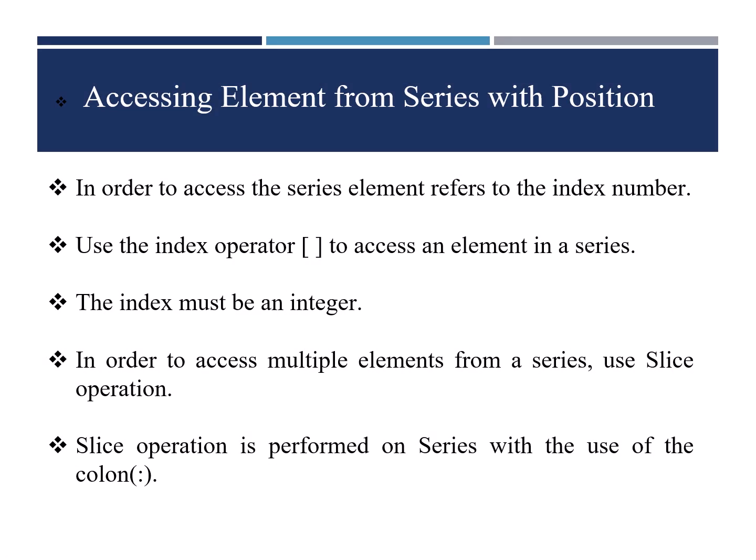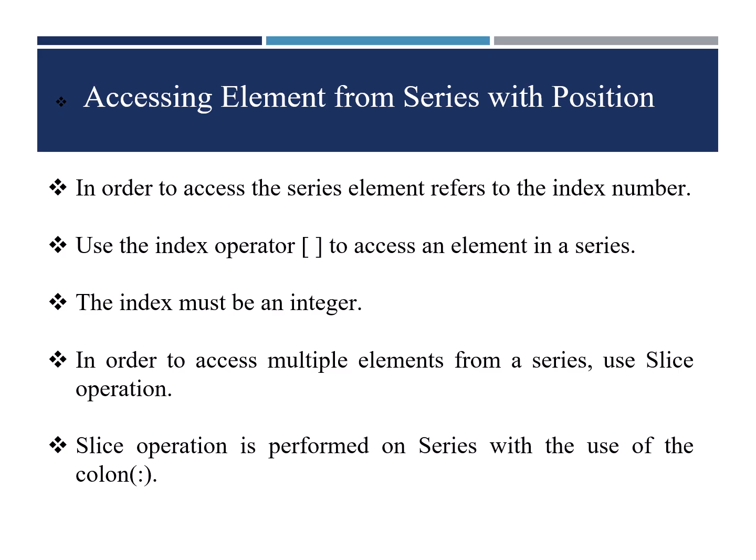Now in order to access elements from series with position, the series element refers to the index number, and we use the index operator, the square bracket, to access any element in a series. So the index must be an integer.